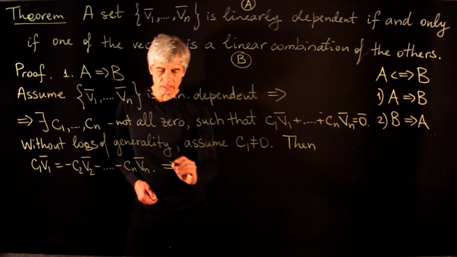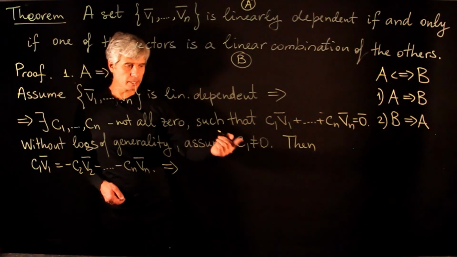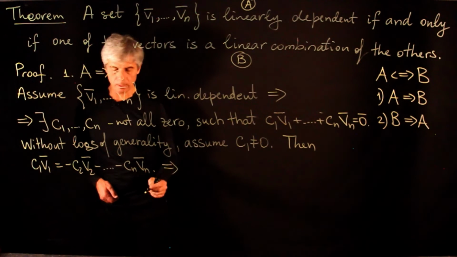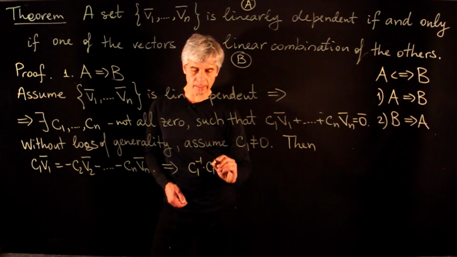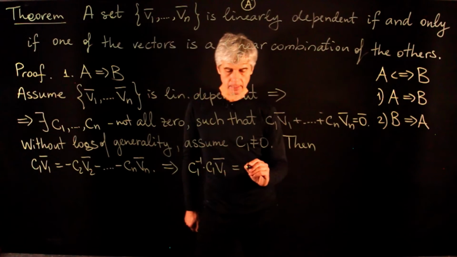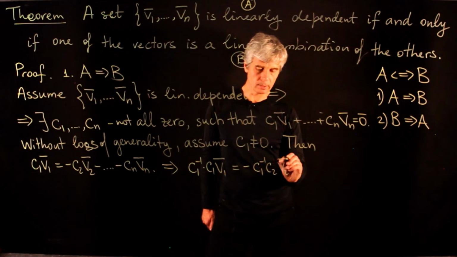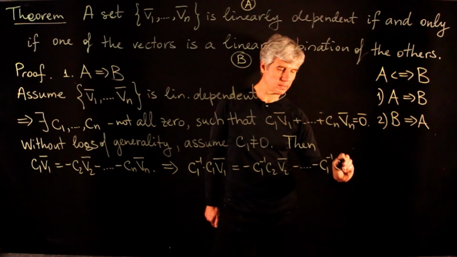Then since C1 is non-zero and C1 is an element of a field, we can take its inverse. We get that C1 inverse times C1 V1 is equal to minus C1 inverse C2 V2 minus ... minus C1 inverse Cn Vn.